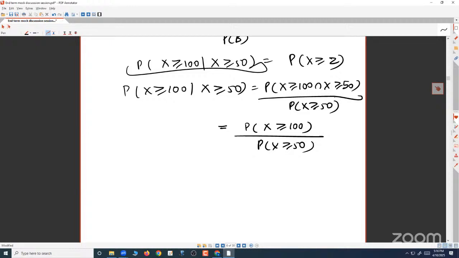This is the intersection, right? So X is greater than or equal to 100 and also X is greater than or equal to 50. So the intersection would be X greater than or equal to 100. Correct?